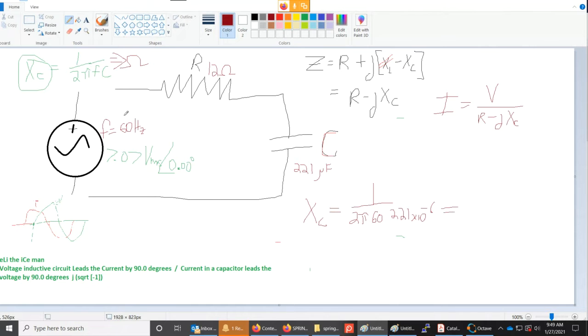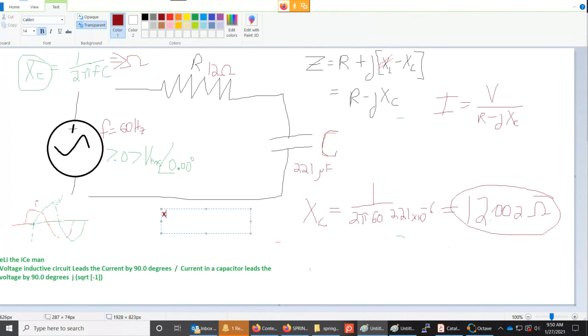And if you calculate that, you in fact get 12.002 ohms. Remember, this is reactance, which is measured in ohms. Right, so I'm going to write that over here.